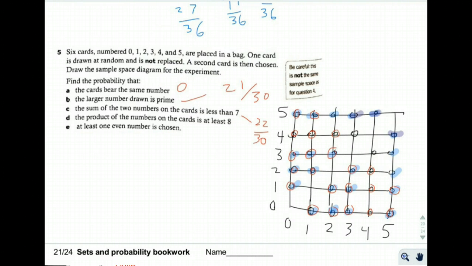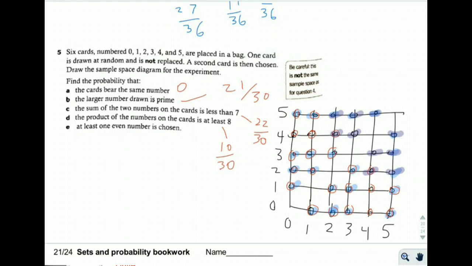That's way over 8. 5 times 2, that's still over 8. 5 times 1, no. 4 times 3, that's still over 8. 4 times 2, that's at least 8, yeah. 3 times 5 is okay. 2 times 5 is okay. 1 times 5 is not. 4 times 2 is okay. 4 times 3 is okay. So that gives us 10. So 10 out of 30.